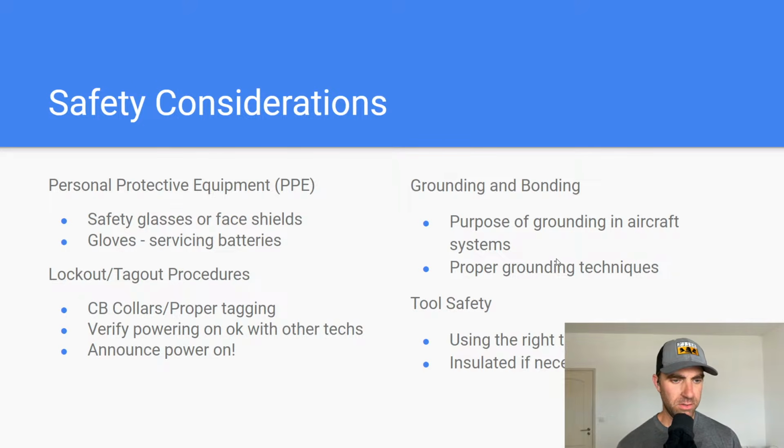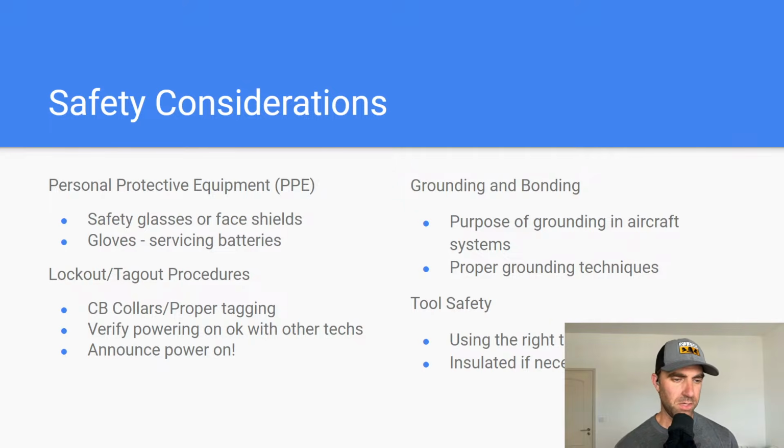All right, and then lastly, for tool safety, just make sure you use the correct tools for electrical work. If you're doing terminations, or crimping contacts or something like that, you want to make sure that you're using the proper tools. This could be mil-spec crimpers or anything like that. And also make sure that they're calibrated.